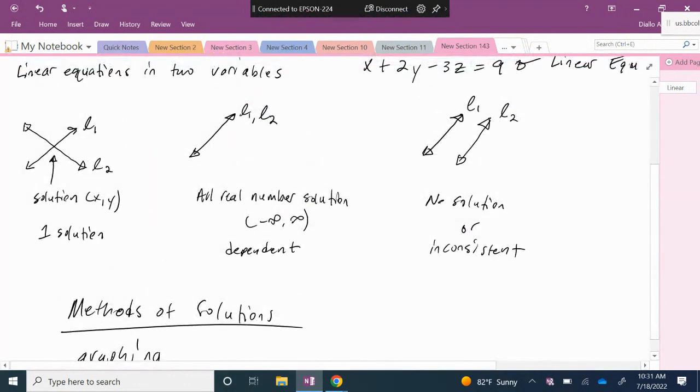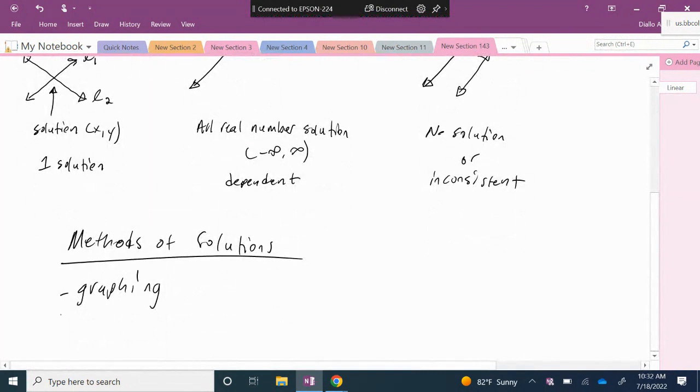Graph the two lines. You could find the solution analytically by using the elimination or substitution method.